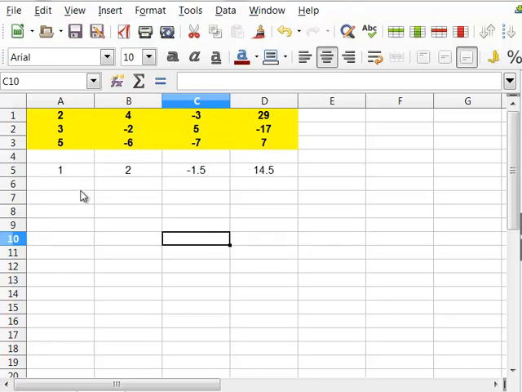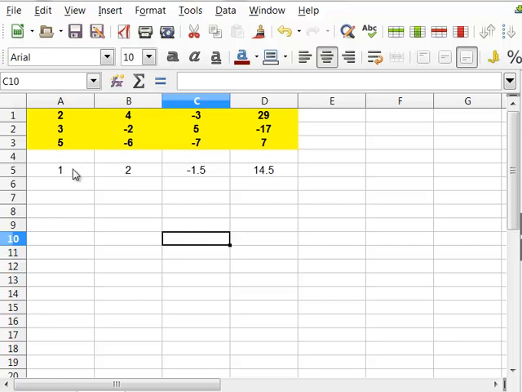Now, I want to get zeros here and here. And the way I'm going to do it is, this says 3. I want to take 3 times this row and subtract this row. How do I know that it's 3? Where do I get the 3 that I'm going to use in my calculation? I'm going to take it from the lead coefficient up here. So I'm going to take the lead coefficient, which is 3, times this row minus that.